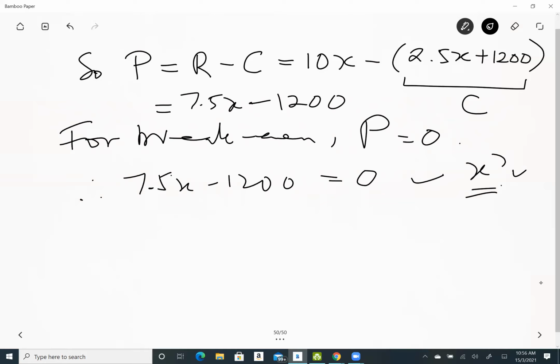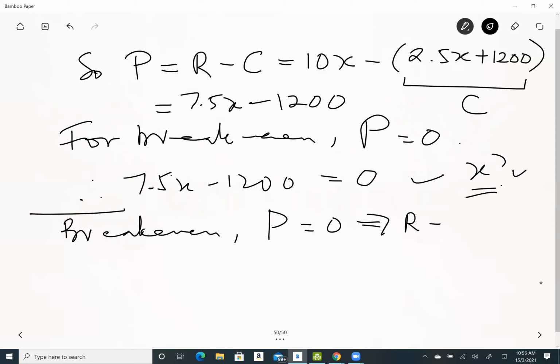Another approach is by looking at the revenue and the cost. For break even, the profit is equal to 0, and from R minus C, R equals C. So we can use the method of revenue equal to cost.